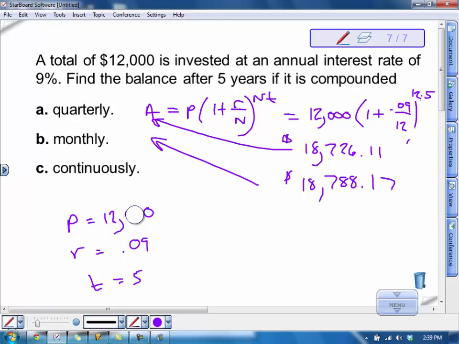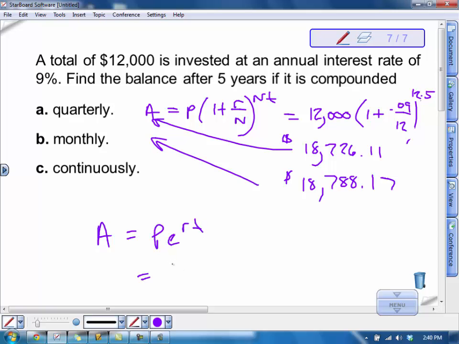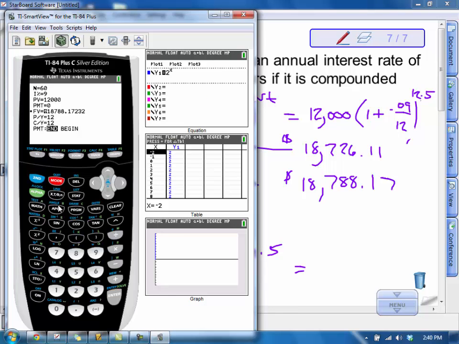And then continuously, we're going to have to use the formula A equals P e to the rt. All right. The principal we start with is 12,000. E to the 9%, we're going to have to enter that in as 0.09 for this formula. Times the time, which is 5 years. And if you do that, you get 12 times e to the 0.09 times 5.